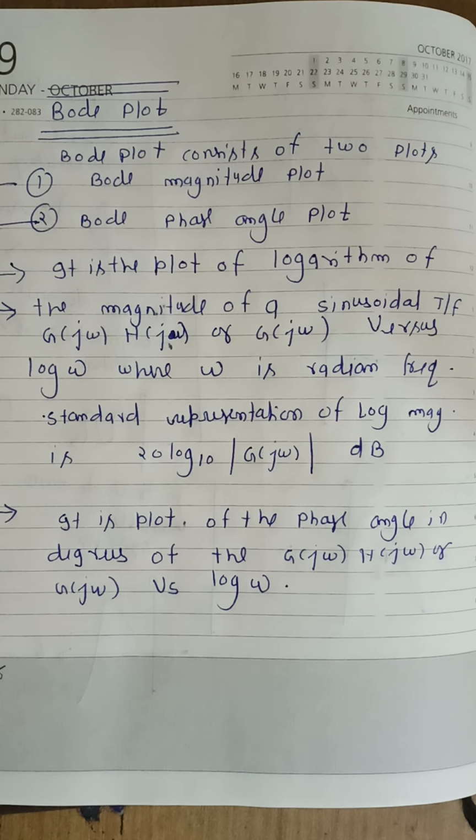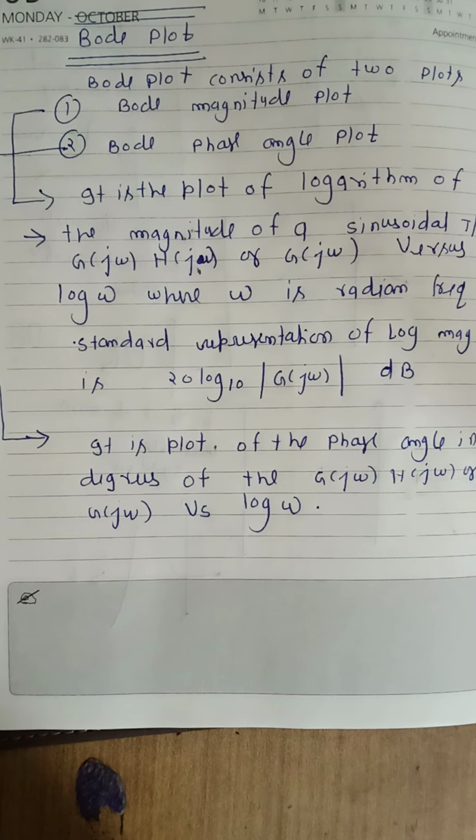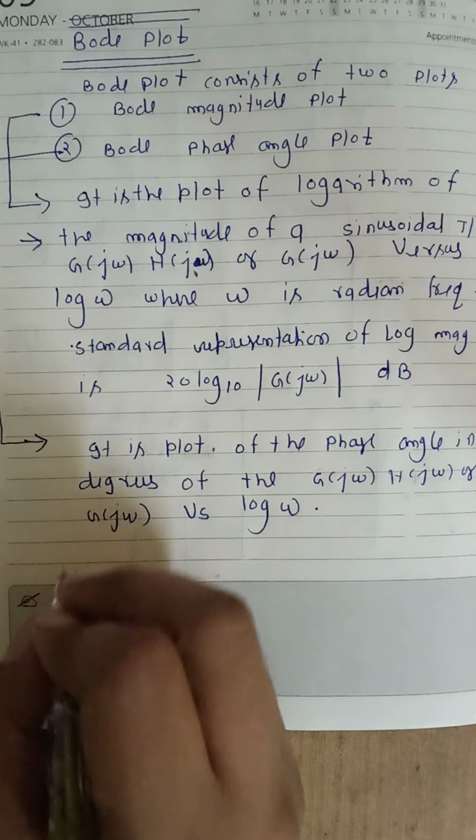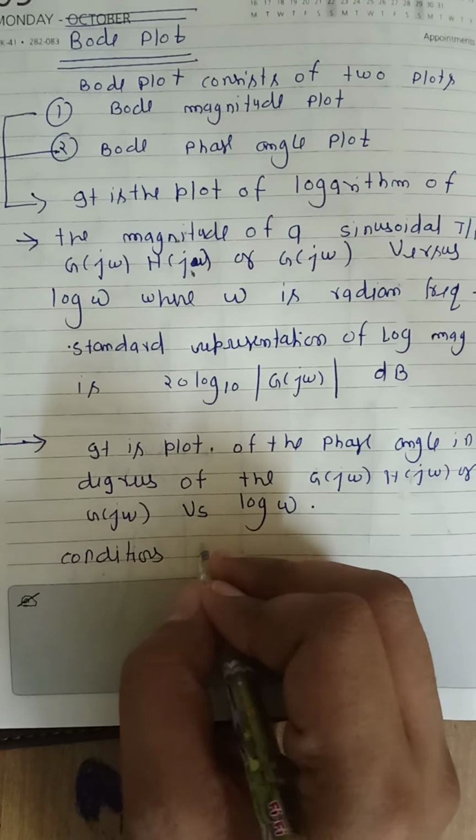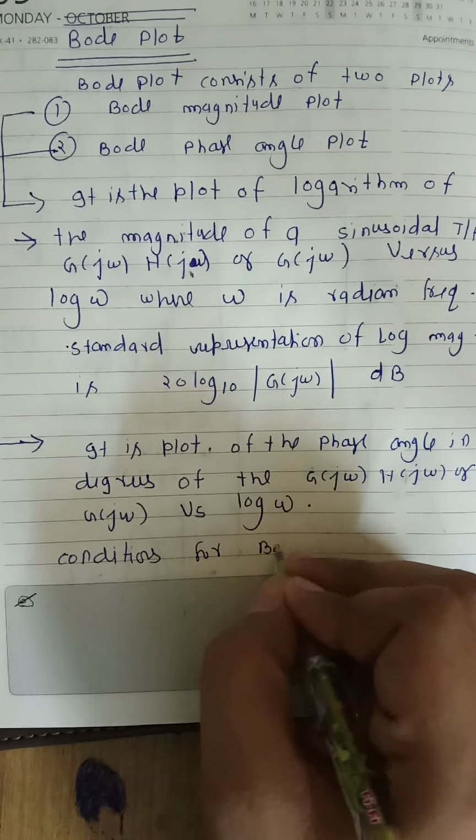Now let us see what are the conditions for the Bode plot, means how we can draw the Bode plot for the given transfer function. So let us see the conditions for the Bode plot.